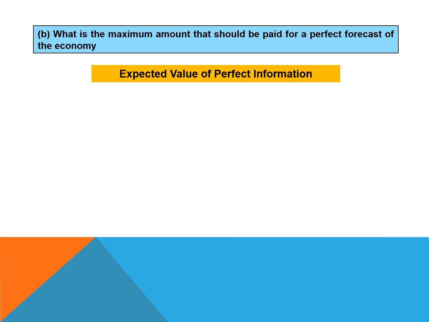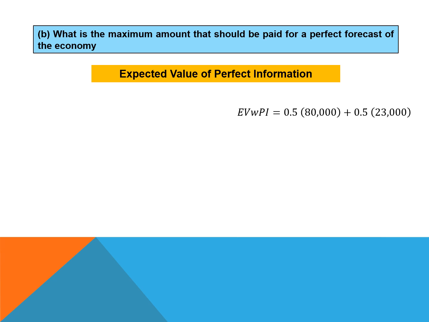So before we get the expected value of perfect information, we must first compute for the so-called expected value with perfect information. Yung formula ng expected value with perfect information is the sum of the best payoff under each outcome multiplied by their probabilities.